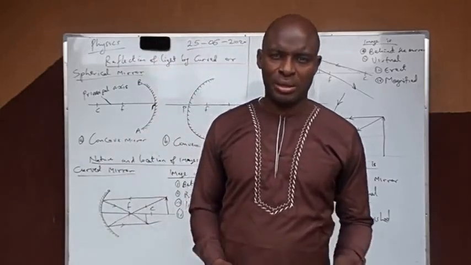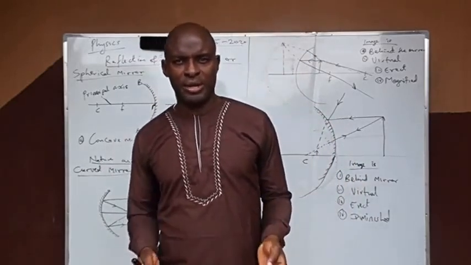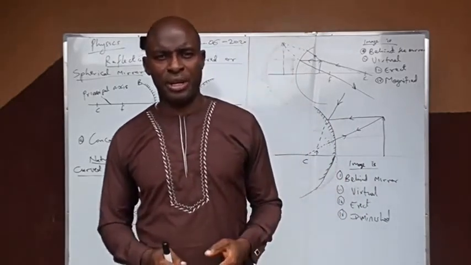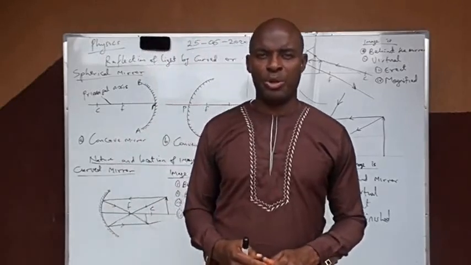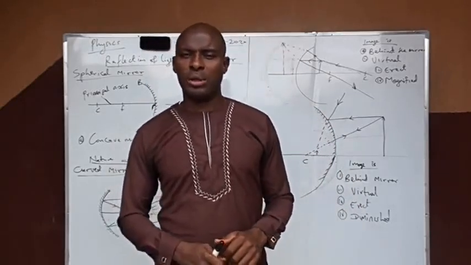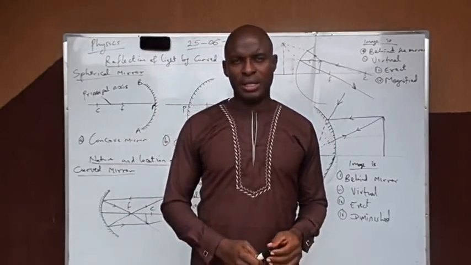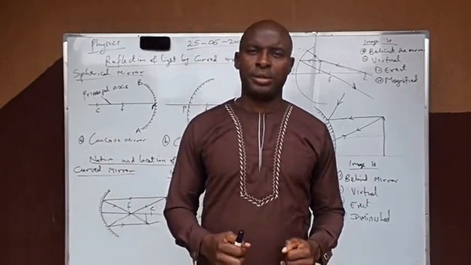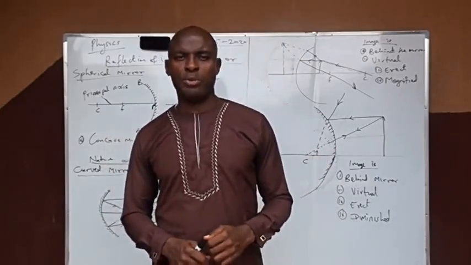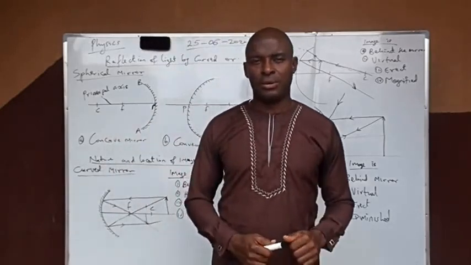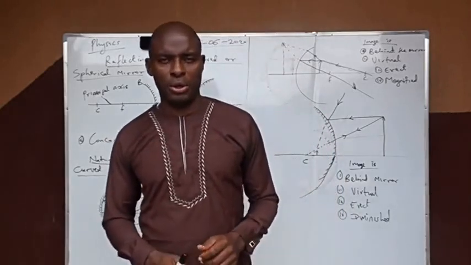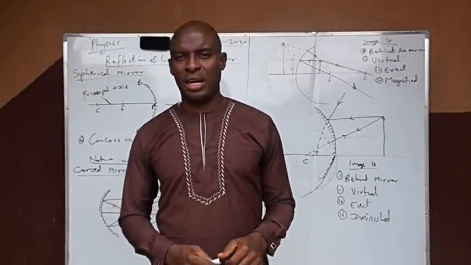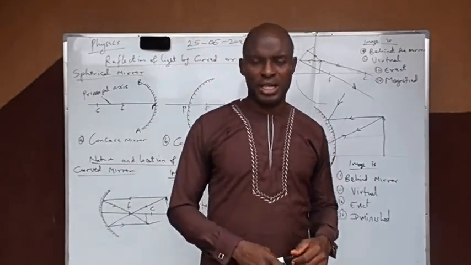The image must be virtual, the image must be erect. These are the properties of images formed by a plane mirror. We also found the formula for calculating the number of images formed when two plane mirrors are inclined at an angle, which is n equals 360 divided by theta, minus 1, where theta is the angle of inclination.